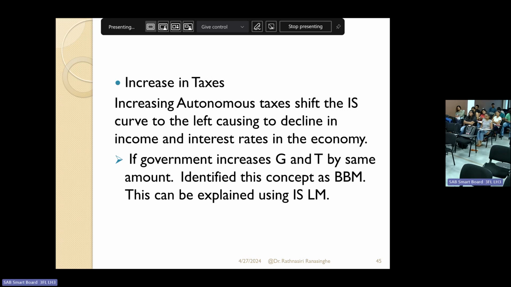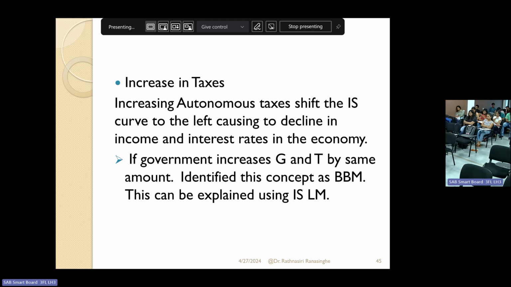Because high taxes reduce disposable income, which reduces consumption and reduces aggregate demand. That reduces the income, so the income level decreases from Y0 to Y1.